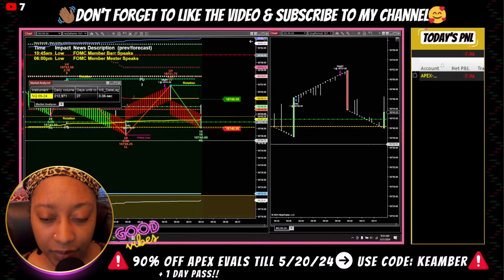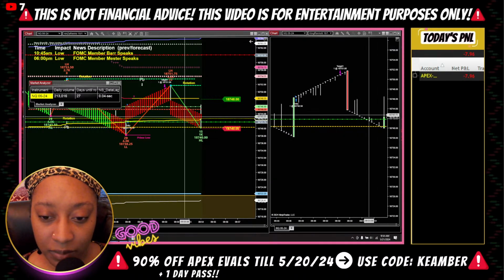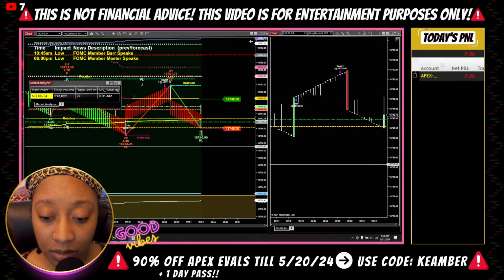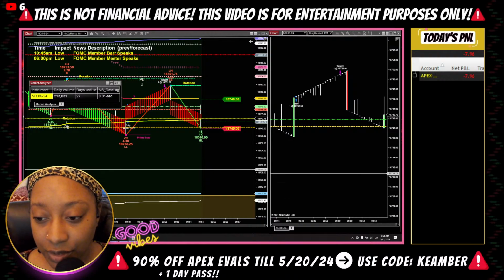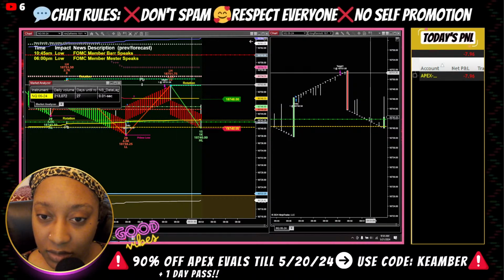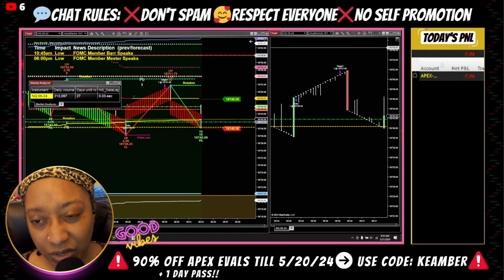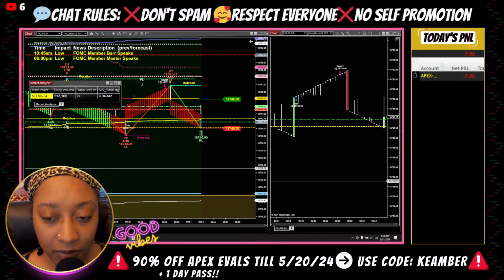Now, what I really want to see is either we need to, and actually I wouldn't even be able to get into that. So we need to either create some structure below 736.25, or we need to push back up above these rotation levels, more so towards the overnight high, for me to be able to take the next trade.